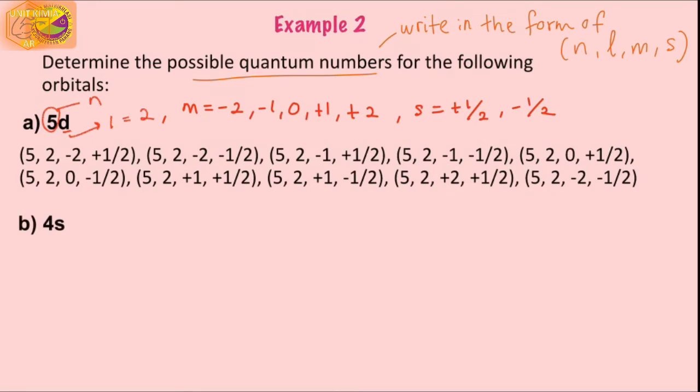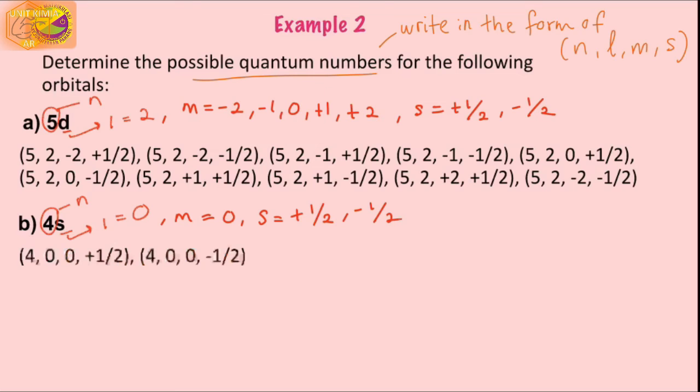B. 4s. The value of n is 4 and the value of l is 0. Hence, the value of m is also 0, while the values of s are +half or -half. Thus, we will have 2 possible combinations of quantum numbers. C. 3p.